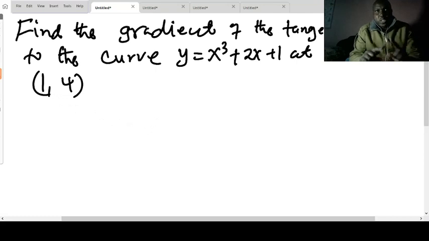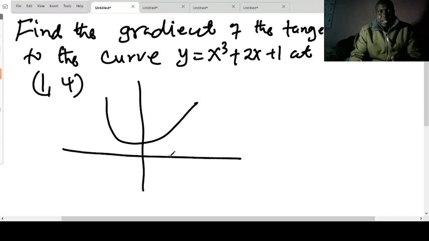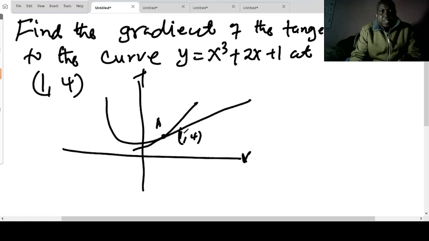Mahali walichora hiyo curve. So assuming hii, let me just explain something here. So assuming this is a Cartesian plane, this is x and this is y. So mahali walichora hii y hapa, hii point hapa ndio tutakuwa na (1, 4), that point. So where the tangent is drawn here is where we have (1, 4).